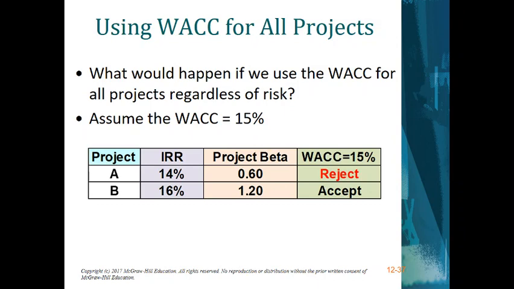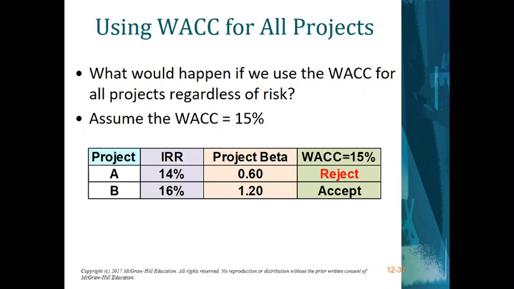But as shown in this case, the riskiness of the projects is not considered. The riskiness is reflected in the project's beta. And so here we have two examples. We have project A with a beta of 0.60 and project B with a beta of 1.20.